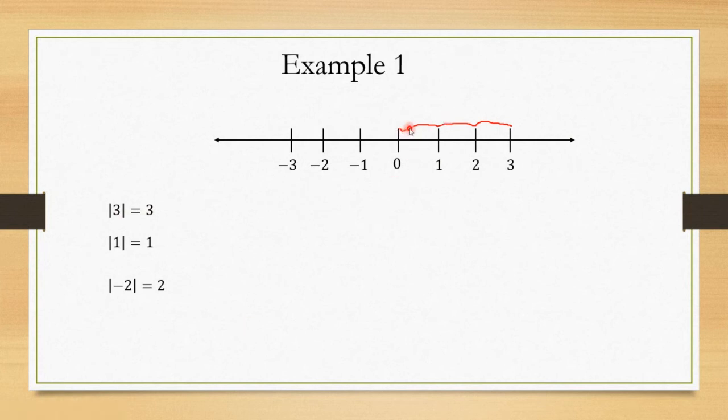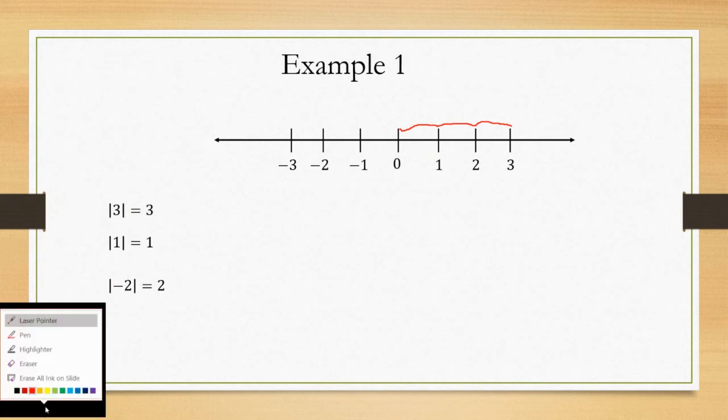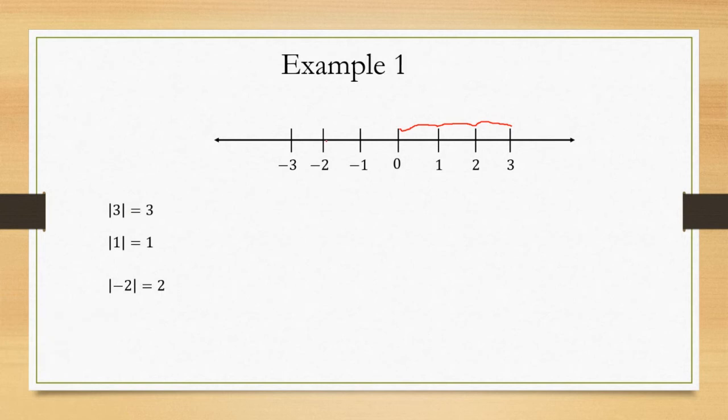The absolute value of 1 is 1 unit away from 0, so it's 1. Now, what about the absolute value of negative 2? Negative 2 is 2 units away from 0. So the absolute value of -2 is 2. You're just going to the left instead of right.